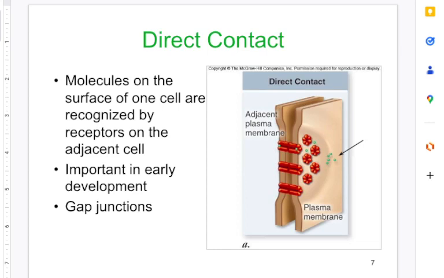These are really important in early development, and they help with differentiation. When we start with very little differentiated cells, our future cells lose a lot of these gap junctions. But one important gap junction in the body are the cardiac cells of the heart, which have the ability to transmit electrical signals in a quick and efficient fashion to allow for our heart to contract in one area at the same time.